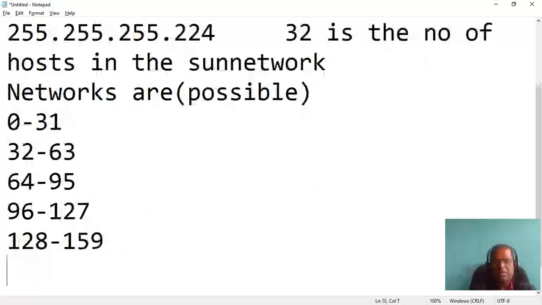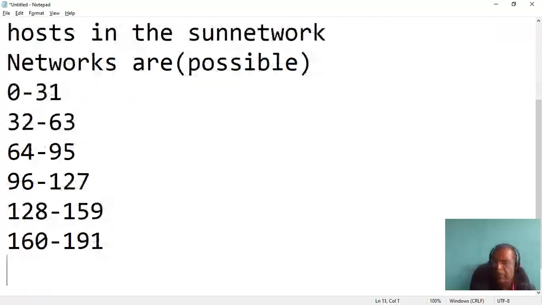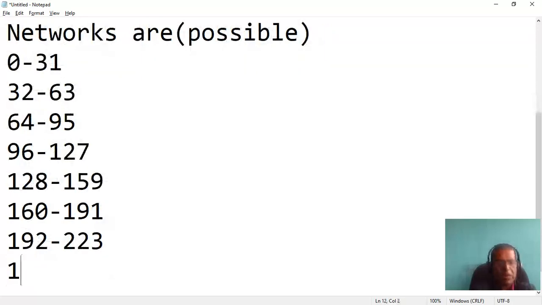Next is 160 to 191, then 192 to 223, and 224 to 255.